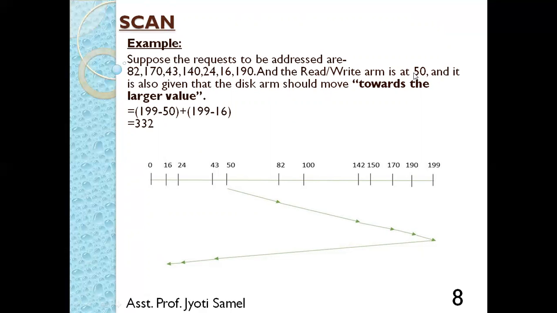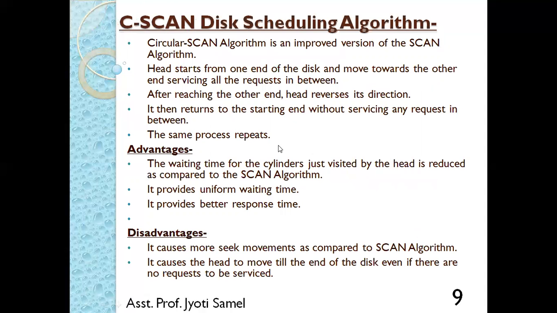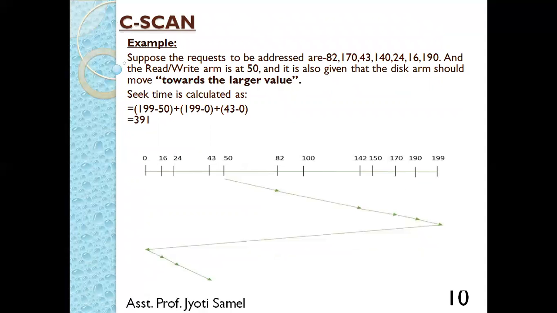Example: same example we are seeing once again. My disk arm is at 50 and we are moving towards a larger value. Here 50, 82, 100, everything we are servicing. It will move like this till 199 and now it will reverse back.